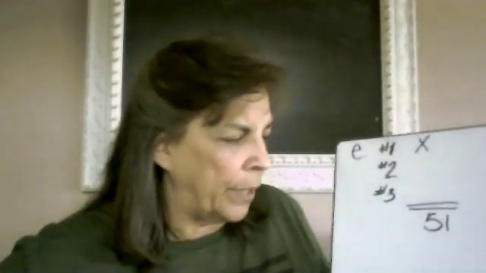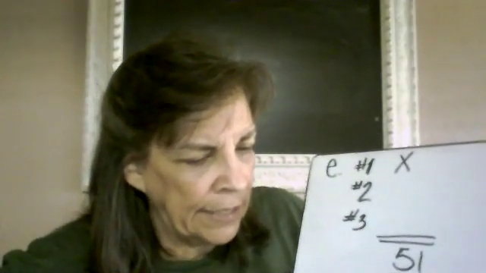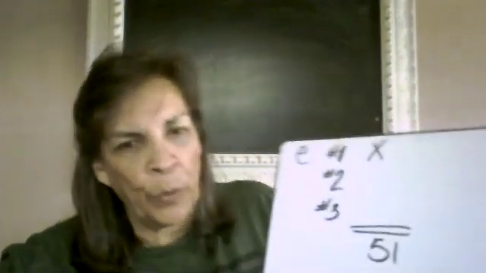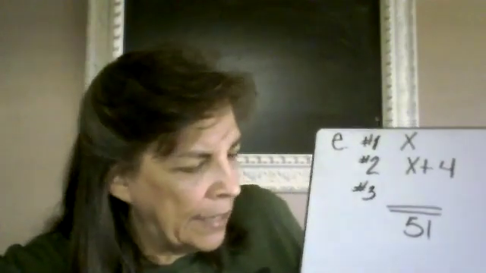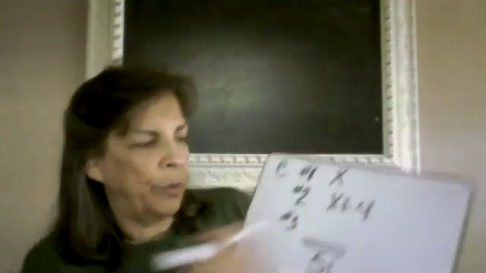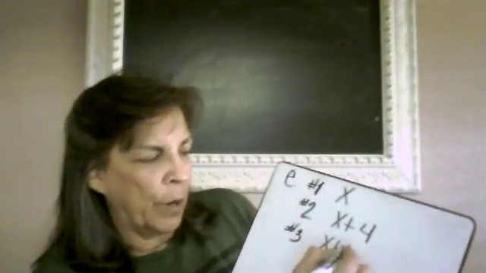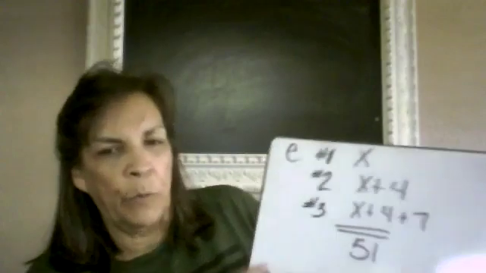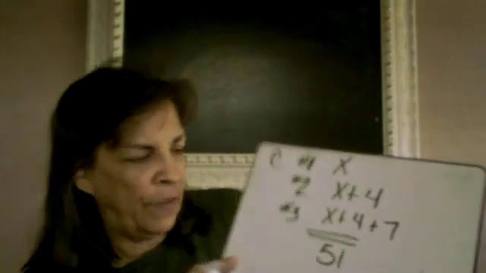So dryer 1 will be our x. If dryer 1 is x, it says that dryer number 2 ate 4 more. X plus 4. And then dryer number 3, it says that it ate 7 more than number 2. So dryer number 2 was x plus 4, plus 7 more. Okay, add all that up, set it equal to 51.